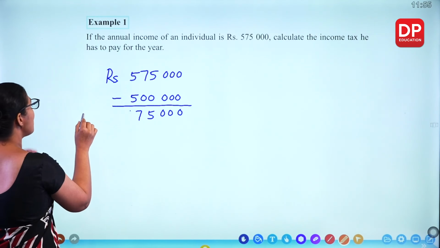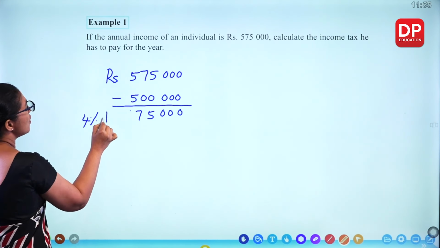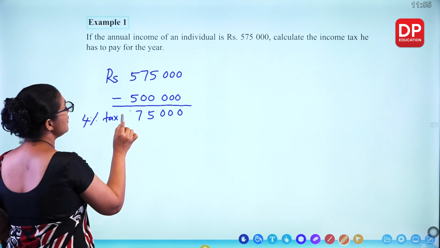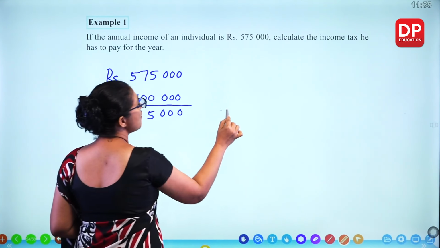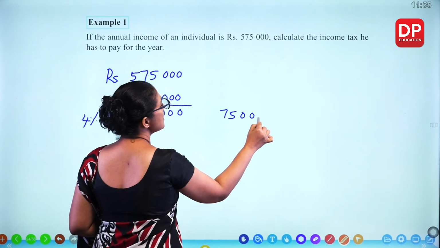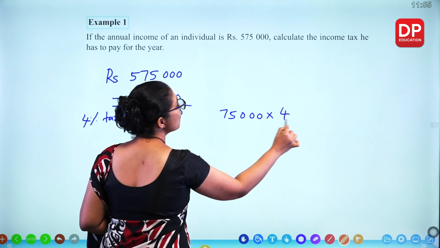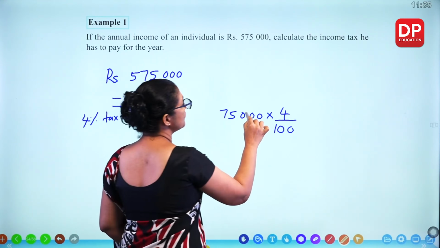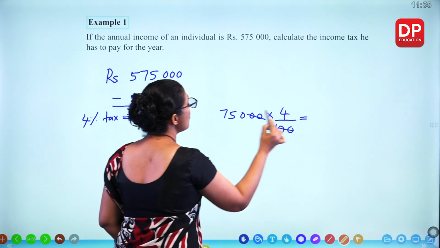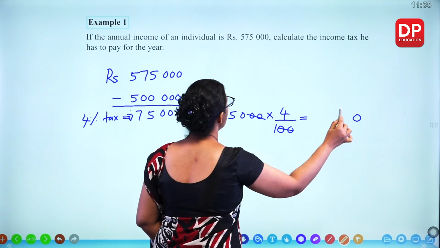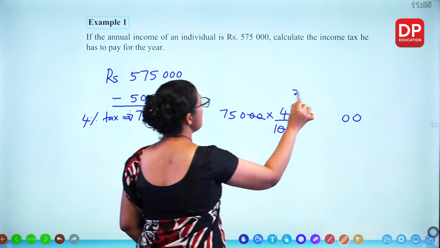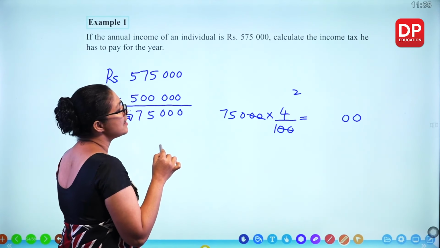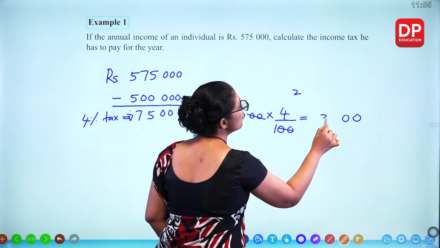So the value is 75,000 rupees multiplied by 4 over 100. 2 zeros get cancelled out. 4 times 0, 0. 4 times 5, 20. 2 remaining. 4 times 7, 28 plus 2, 30.